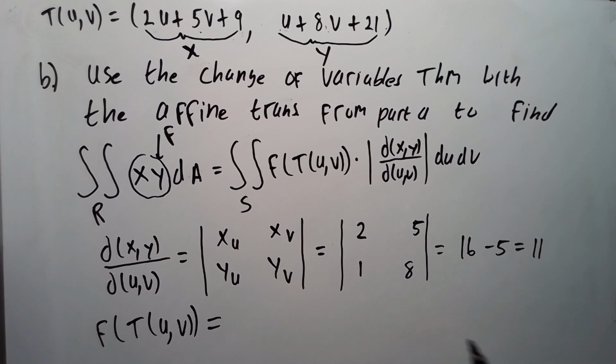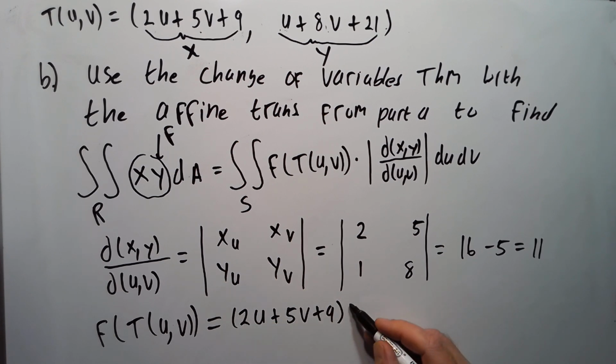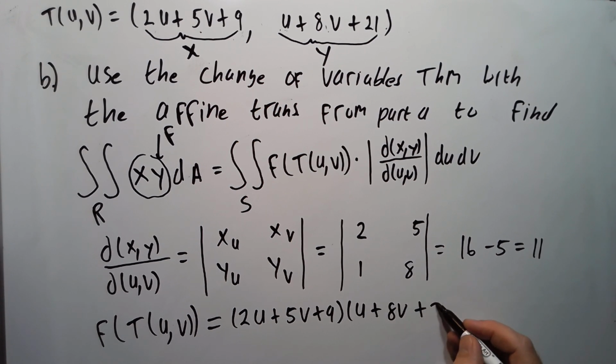So it's going to go in place of the x here, so it's going to be 2u plus 5v plus 9, and times my y, which is u plus 8v plus 21. So let's multiply this out.